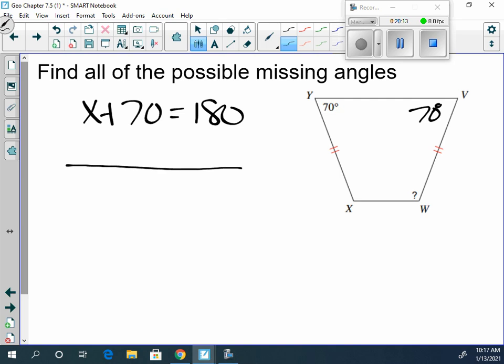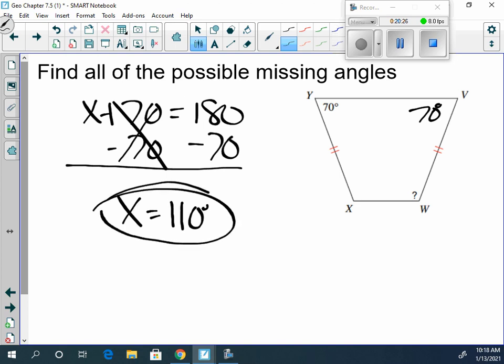And yes, we can subtract 70 from 180 because 70 minus 70 is 0. So our two missing angles are 110.